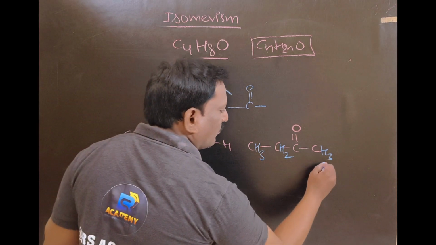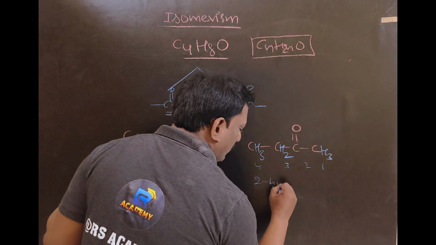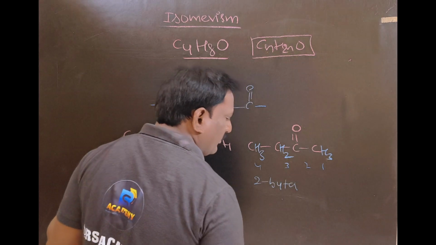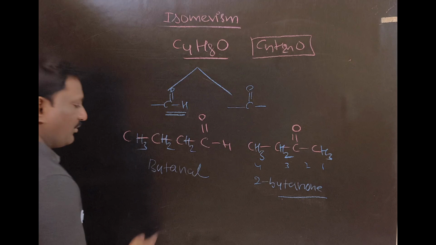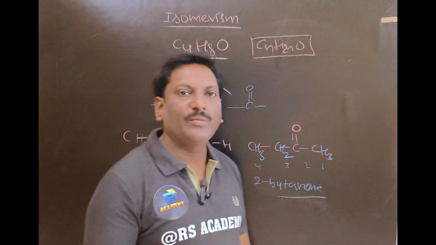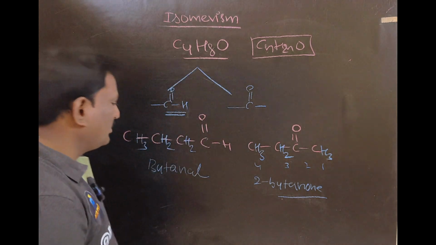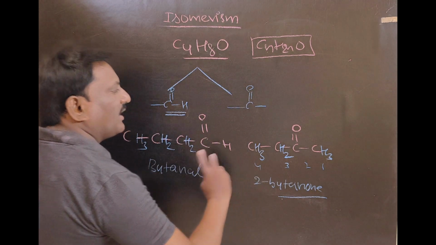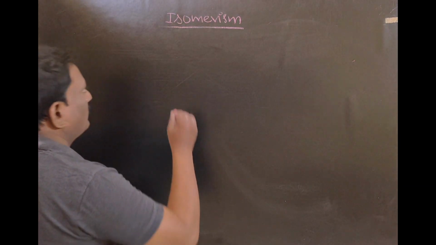This is called 2-butanone, or you can also call it butanone. So butanone and butanal, these two are functional group isomers. Okay, great.